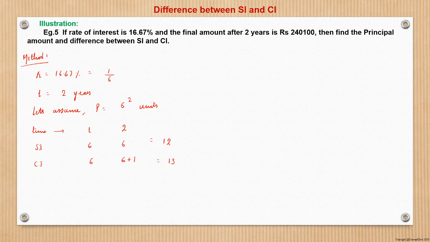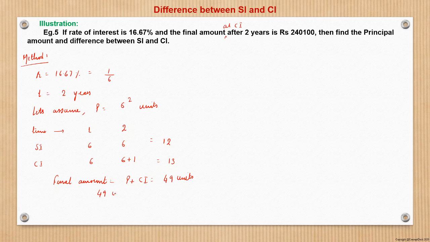And now here one more thing, the final amount, let us add compound interest after 2 years. So now the final amount will be what? Principal plus CI, which is 36 plus 13, is 49 units, right?